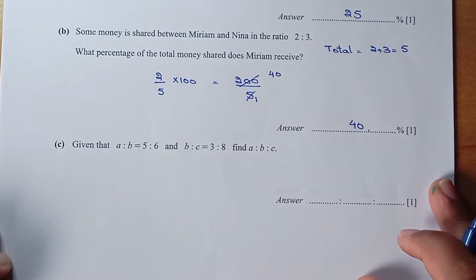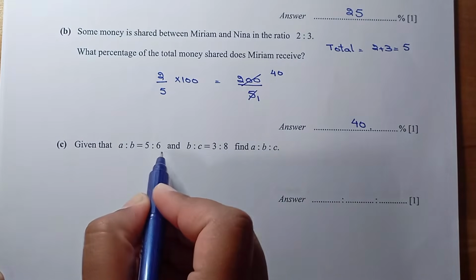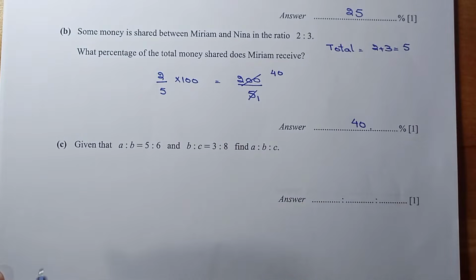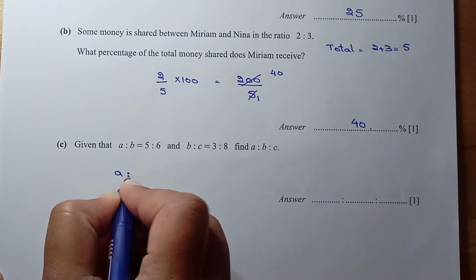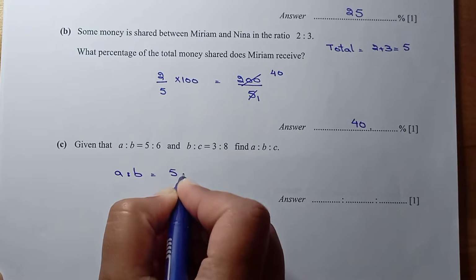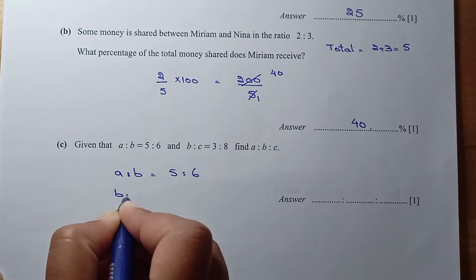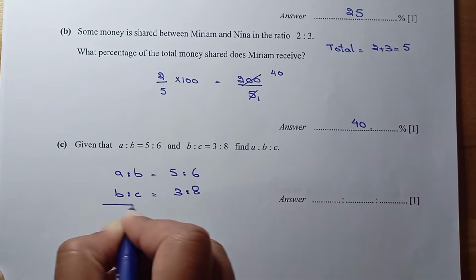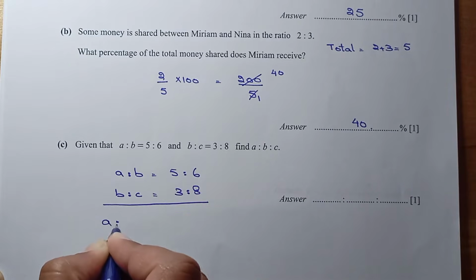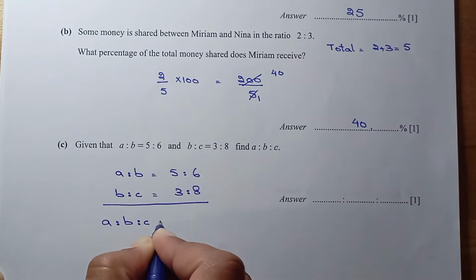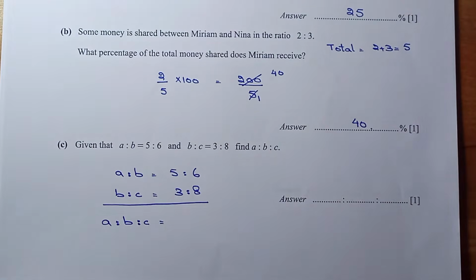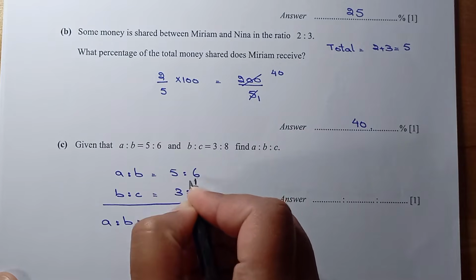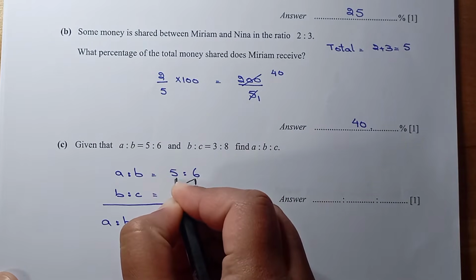Now for part C, given that A ratio B is 5:6 and B ratio C is 3:8, we need to find A ratio B ratio C. To get this, we need to multiply 8 with 6, 6 with 3, and 3 with 5.